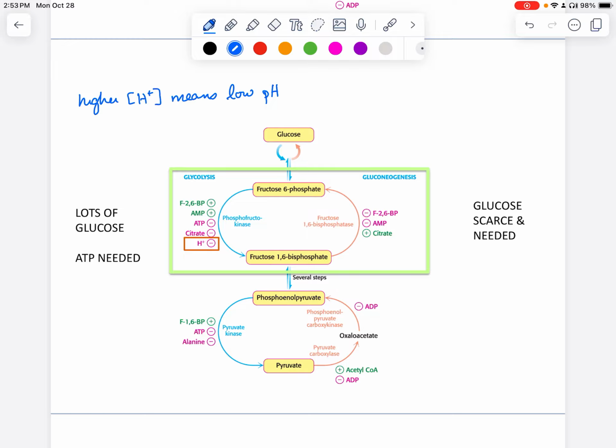So we want to prevent that. So this is essentially a negative effector of PFK. It'll slow glycolysis, and it's essentially a safety valve. It's going to slow glycolysis until that lactic acid can be moved out of the cell, until H plus can be moved out of the cell by various pathways to keep the enzymes from being damaged.